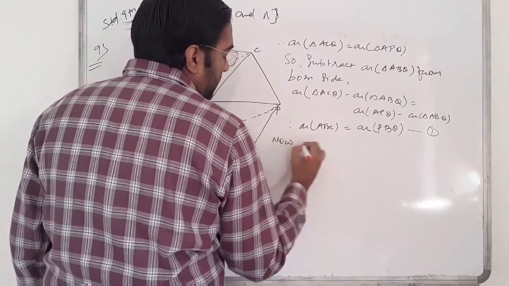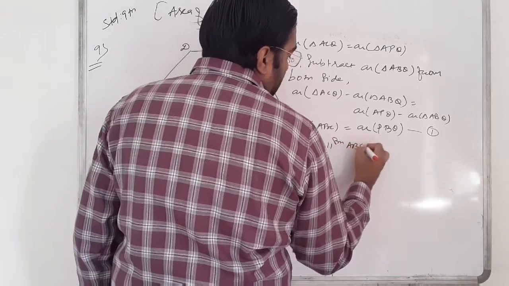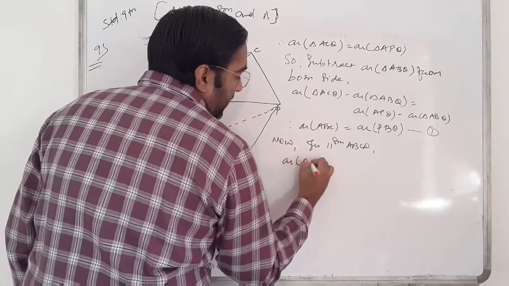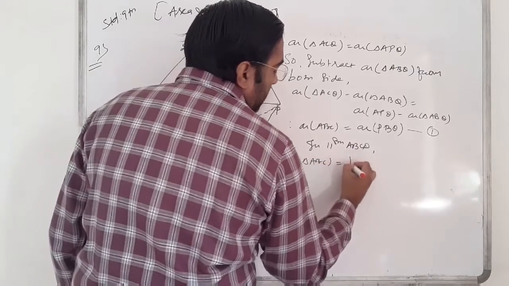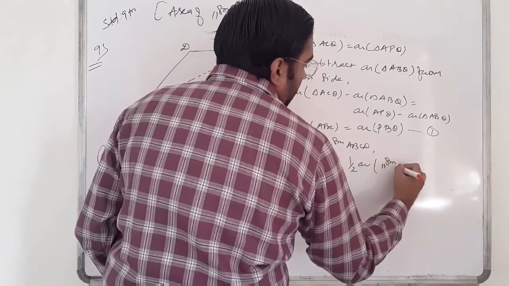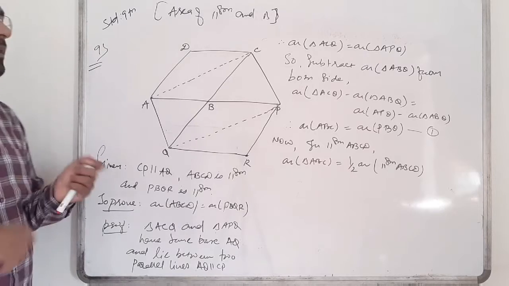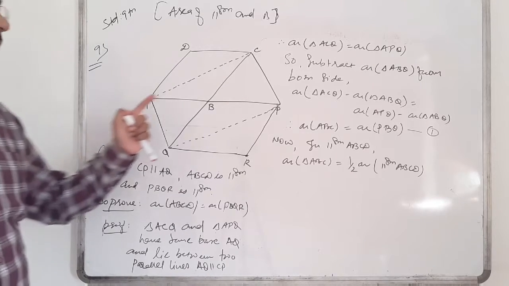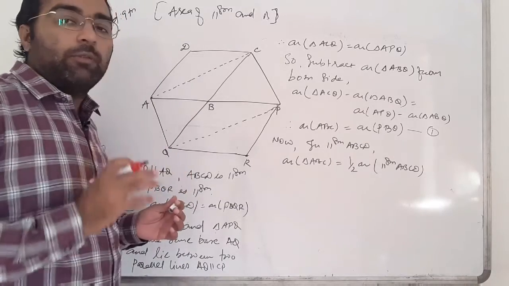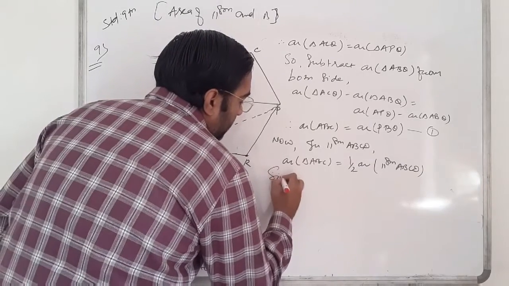Now in parallelogram ABCD, area of triangle ABC is equal to half the area of parallelogram ABCD, that we know. Clear? Similarly we write for PBQR.